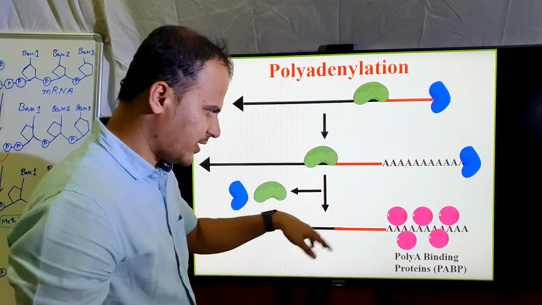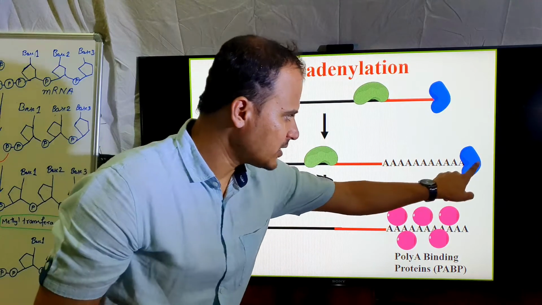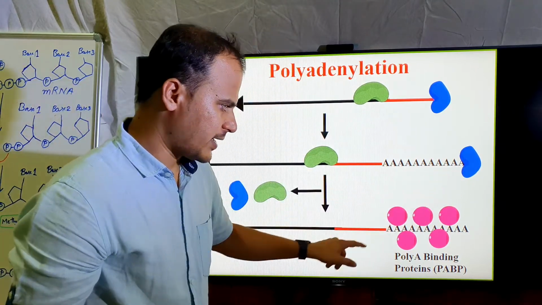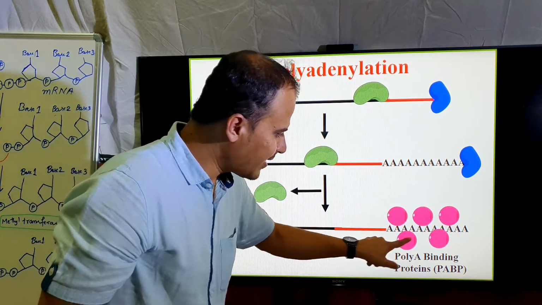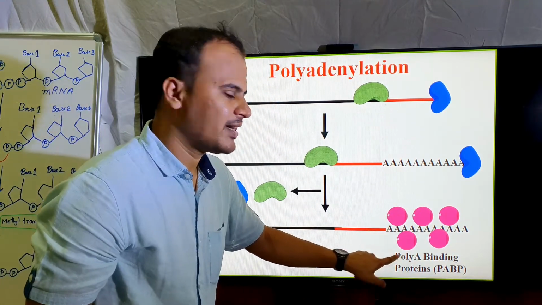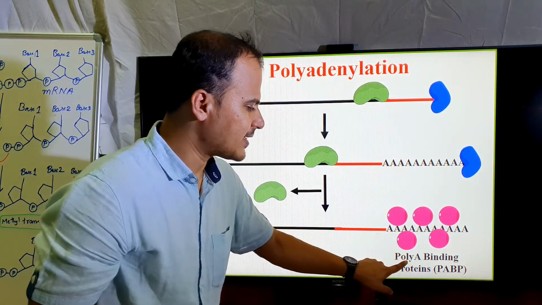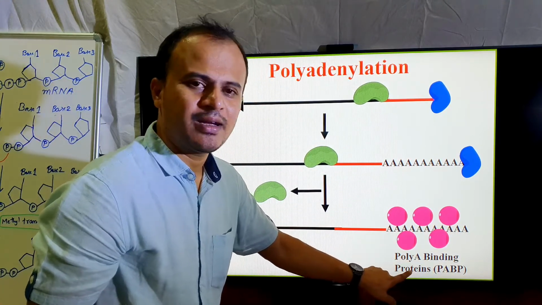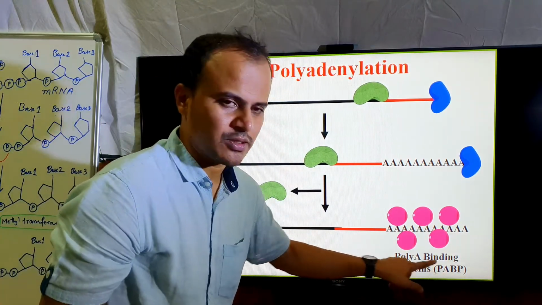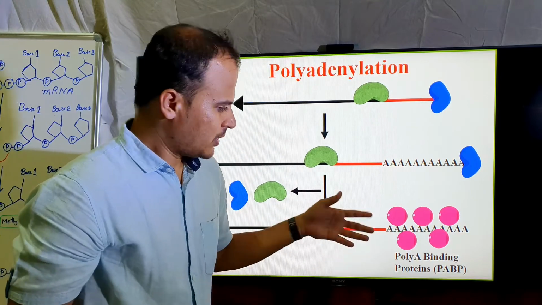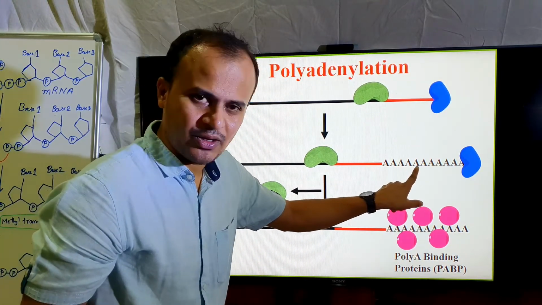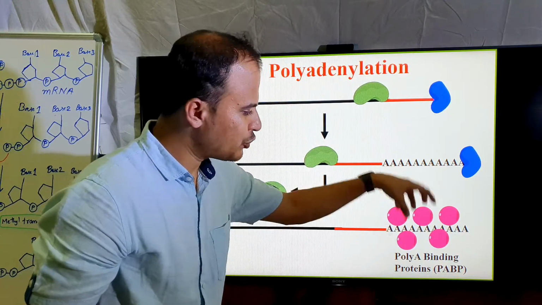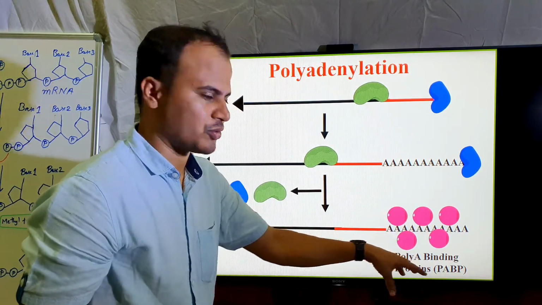In the next process, once these adenosine residues have been added to the 3' end, the pink balls indicate a protein called poly-A binding protein, sometimes also called PABP. These proteins recognize the adenosine residues and begin to interact with them.